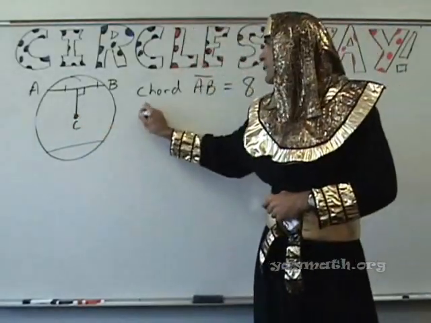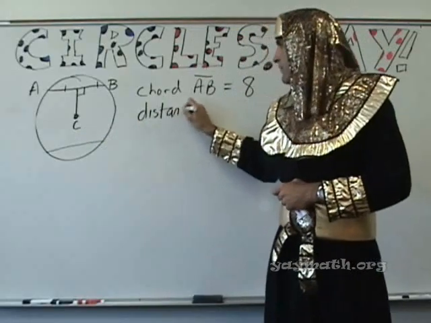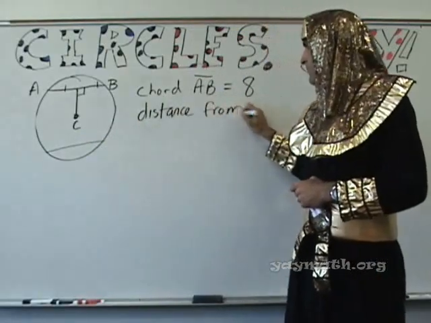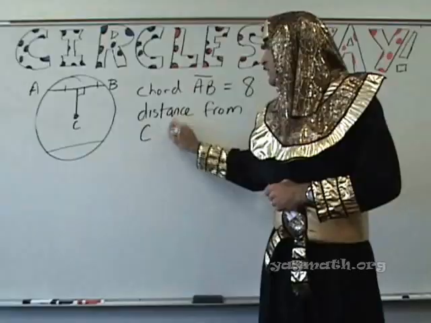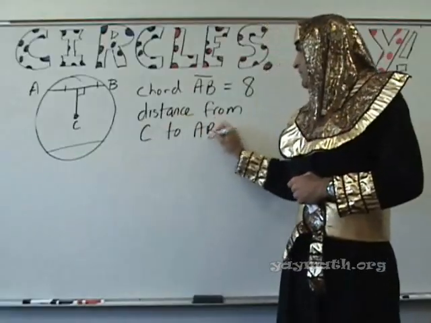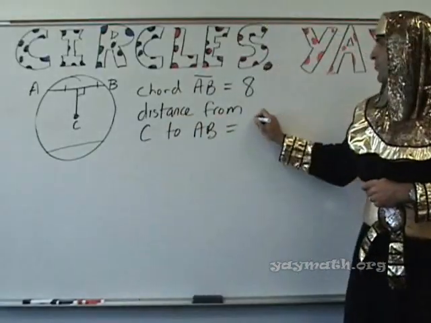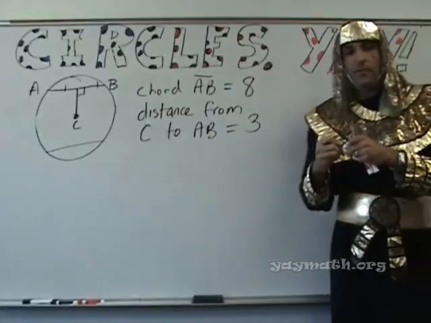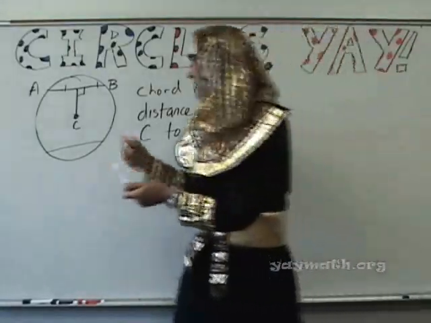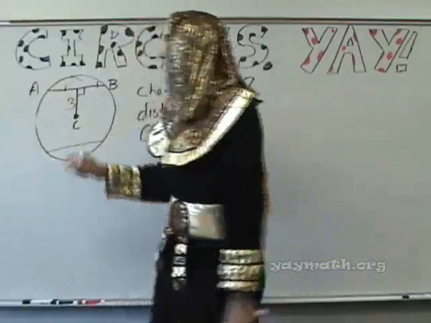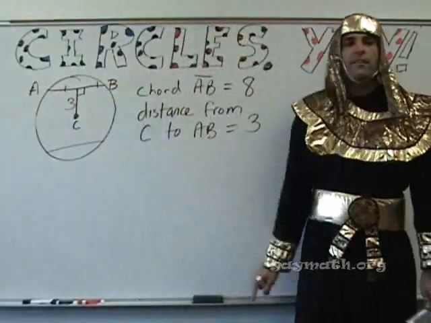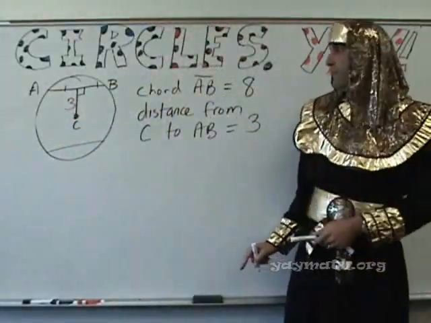Distance from C to AB equals 3. So I'm going to just put that number in there. What are these two pieces of the chord going to be? 4 and 4.